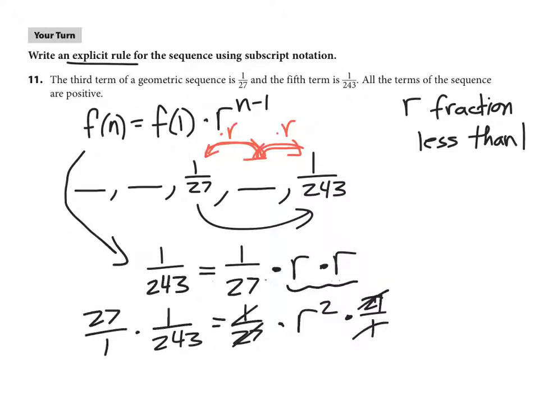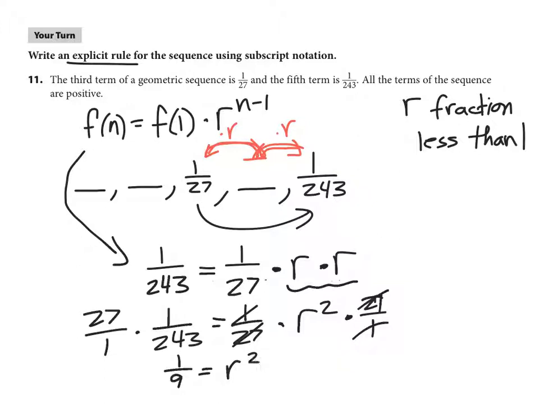If I simplify, I do 27 over 243, and I get 1/9.